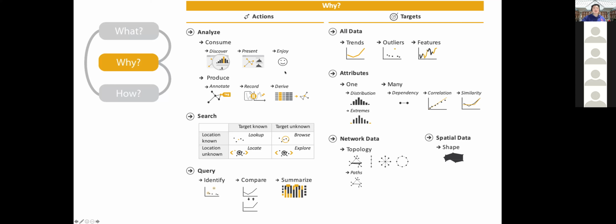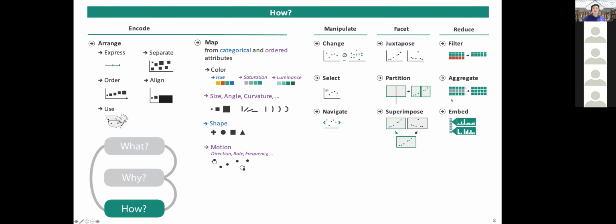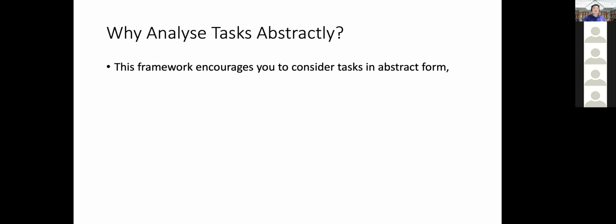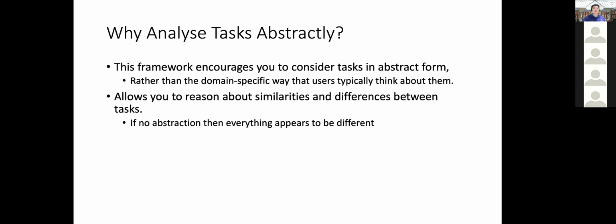So these are the things you will do, and these are the things you want to find. Those two form the overall why. Depending on what you want to do and what you want to find, you will be able to pick the best visualizations. But first, you need to pick the action and target and use that to decide on the visualization itself. Okay, we will have examples and we can see later on.